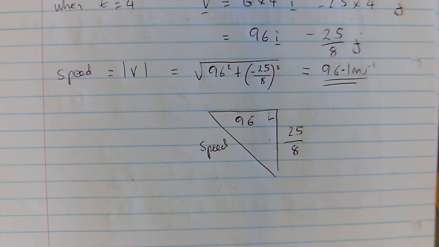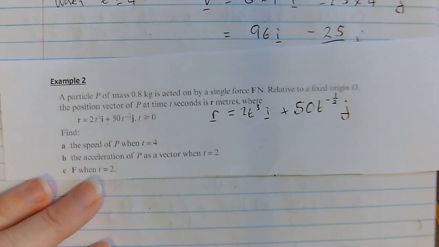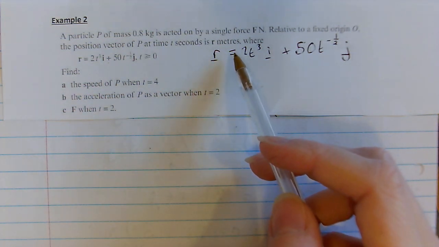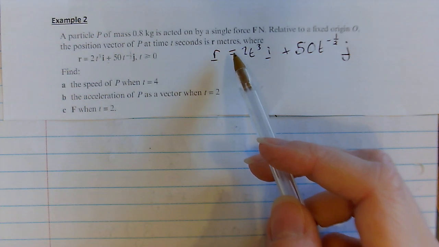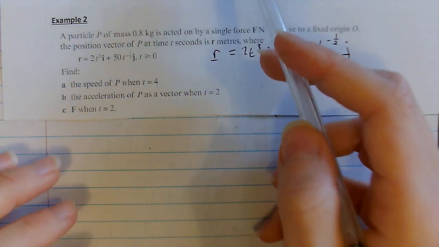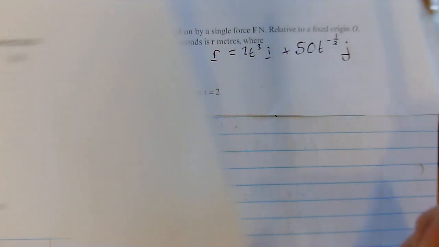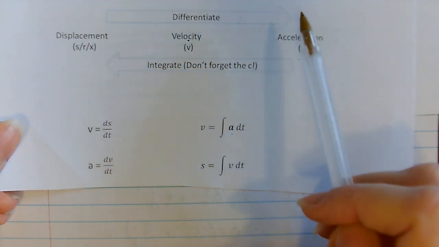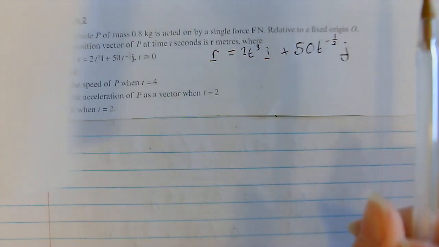Okay, part B. Find the acceleration when t is 2. So we go back to the diagram. Remember, we've been given displacement. I now want acceleration. Well, from my last question, I actually found the velocity, didn't I? And if I've got velocity and I want the acceleration, I can differentiate velocity to get acceleration. Okay.